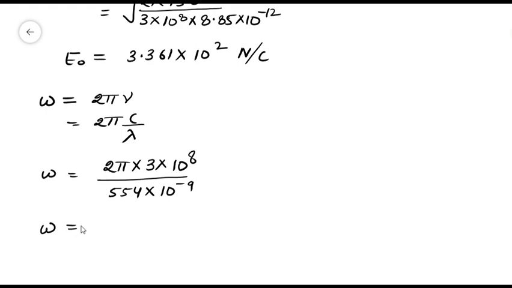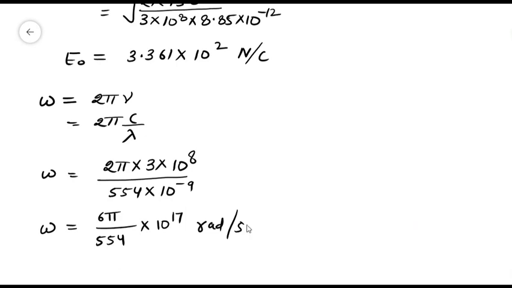So omega will be equal to 6 pi divided by 554 times 10 to the power 17 radian per second.